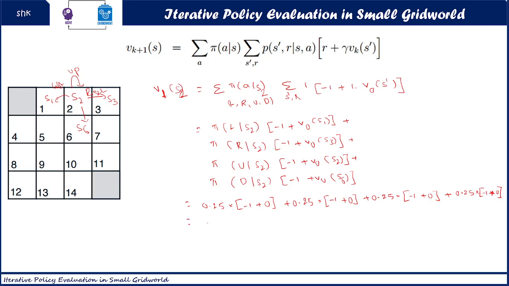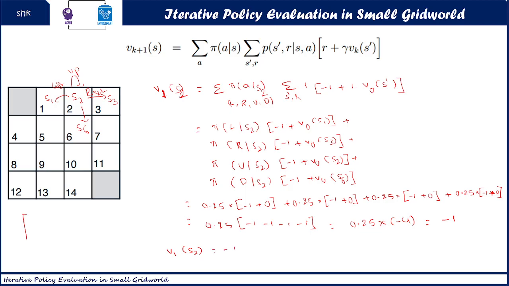Which gives 0.25 as the common factor. What is left out is -1, here also -1, here also -1, the last one also -1. So which gives 0.25 into -4, which returns -1. So now V1 of S2 is equivalent to -1.